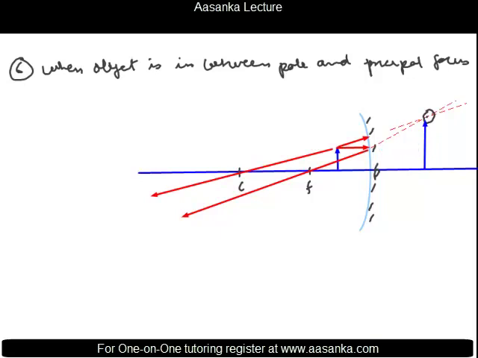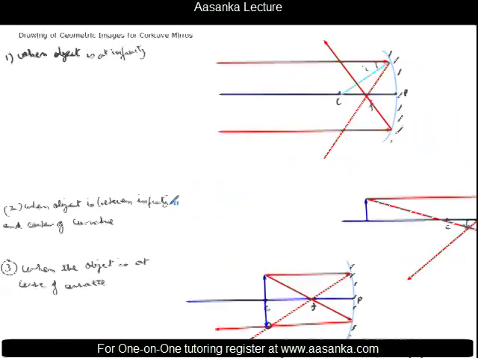So in all these cases that we have seen, we have used basic properties of the mirror in locating the image. One was we took the tip, we drew two rays. One was parallel to the principal axis, this is the one, and after reflection it goes to the focus. In all such cases you will see the same thing.